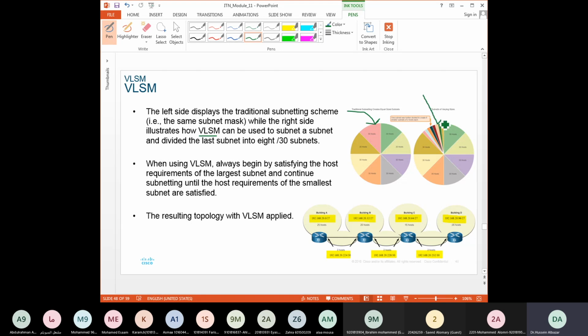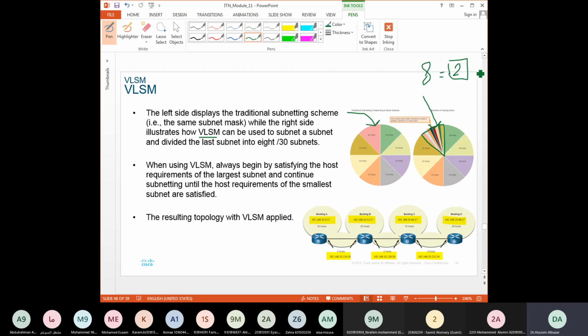We take one of the subnets and subnet it using prefix /30. So we have 1, 2, 3, 4, 5, 6, 7, 8 subnets, 2 usable hosts per subnet. So we divided the last subnet into 8 /30 subnets.